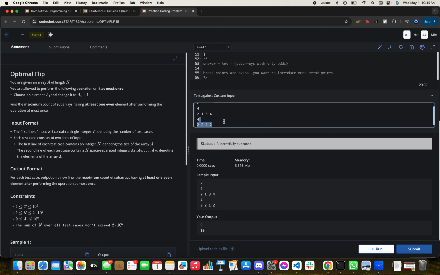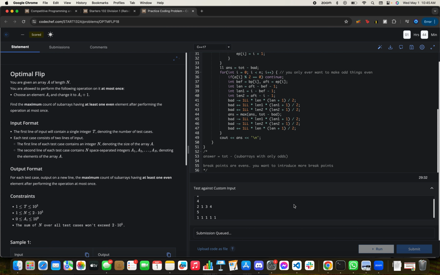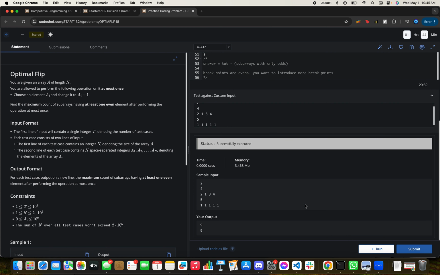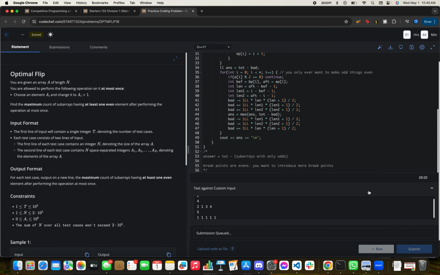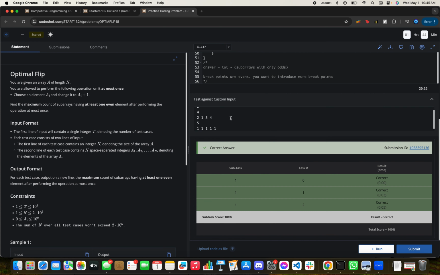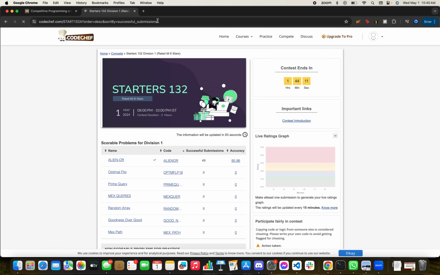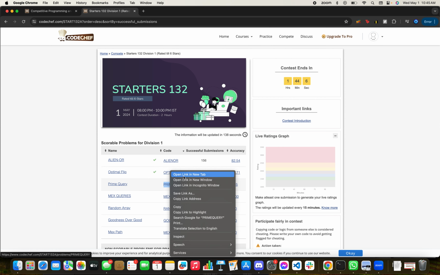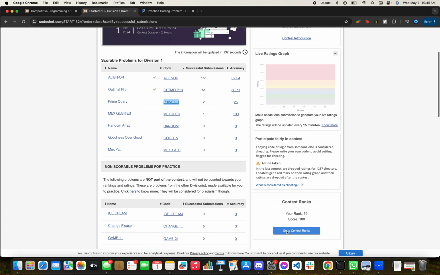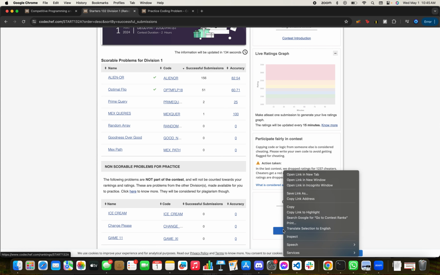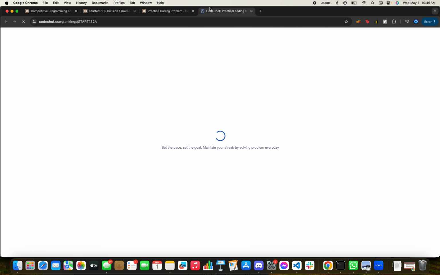Finally, something like... I think it should be 9. Okay, whatever. Okay, cool. Wow, okay. Speed is difficult here. It's okay. Speed on early problems doesn't matter.